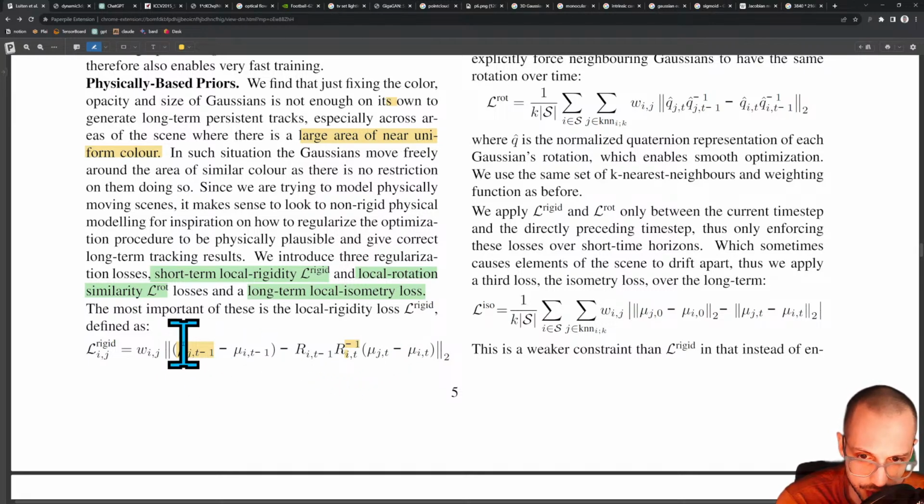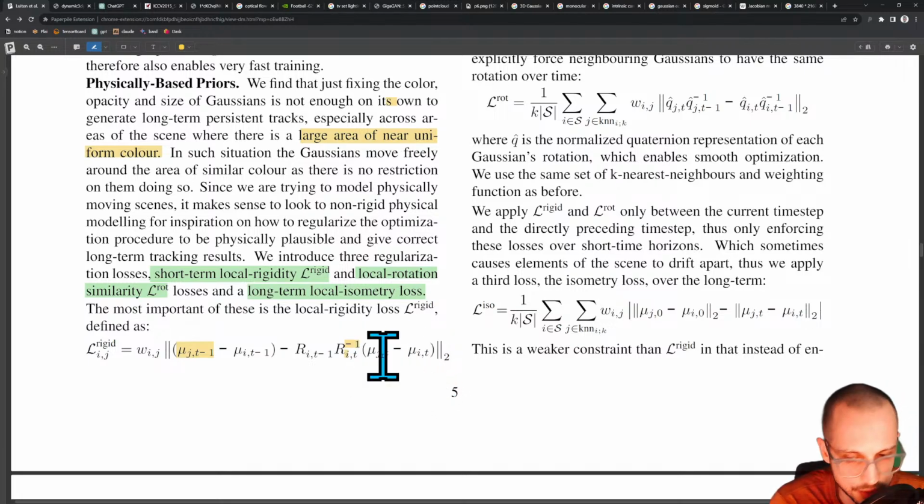You're saying that distance between them, this vector here, should ideally not change too much, right?